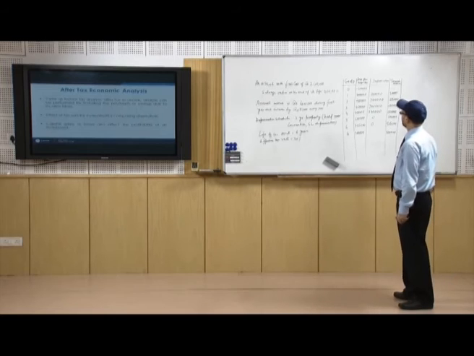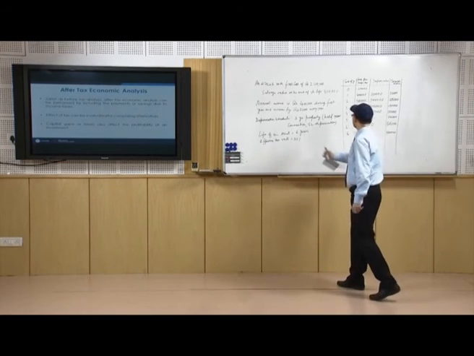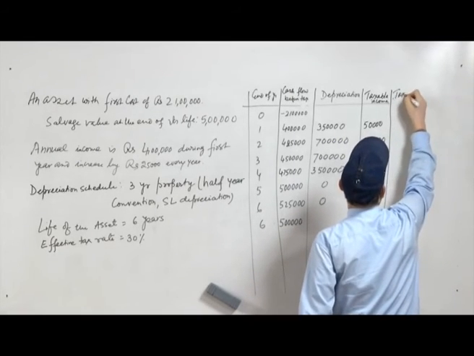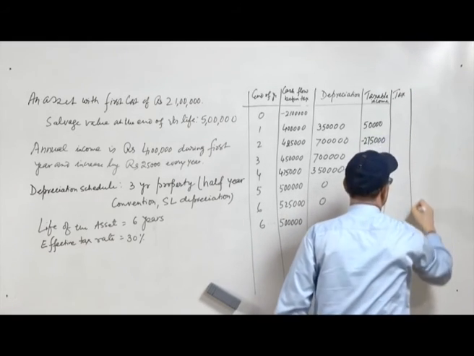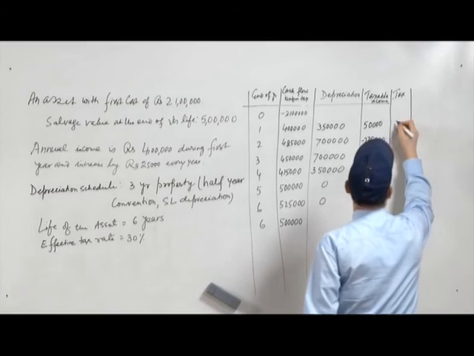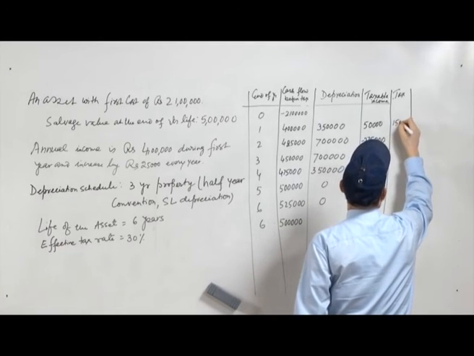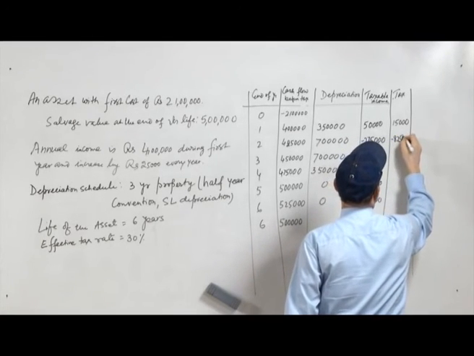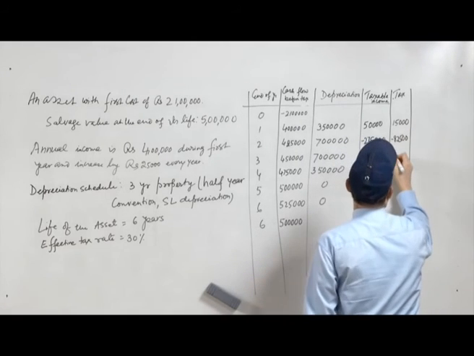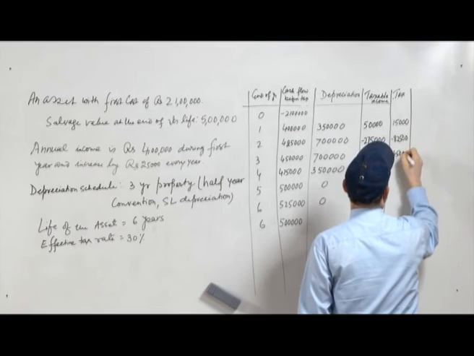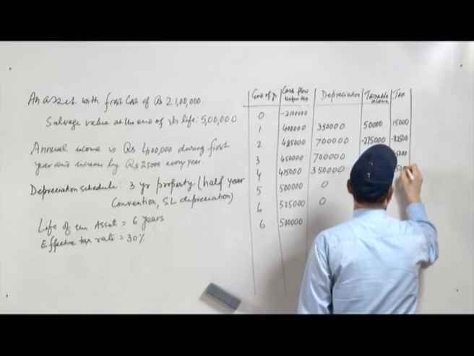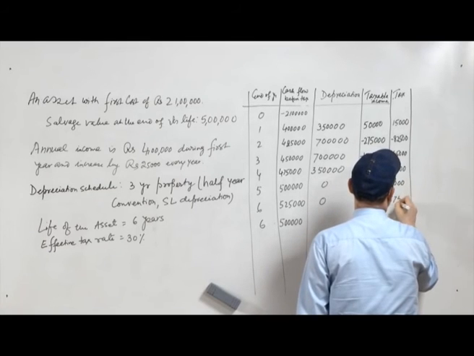Now, if the effective tax rate is 30%, the tax which you get is 15,000 here, 82,500 is the savings in the tax, 45,000 is the saving in the tax here, and this is 37,500, 15,000, 15,750.